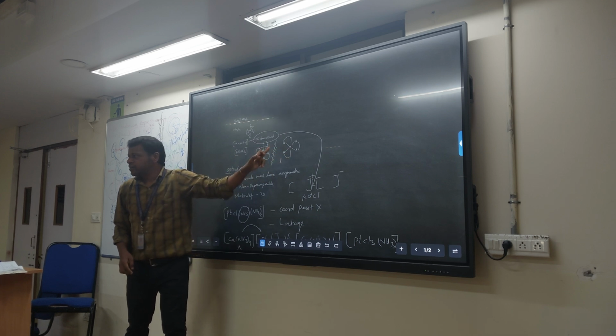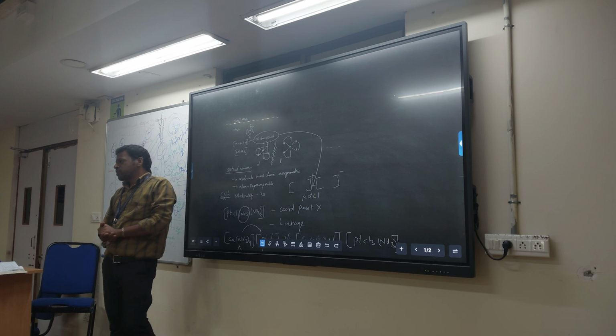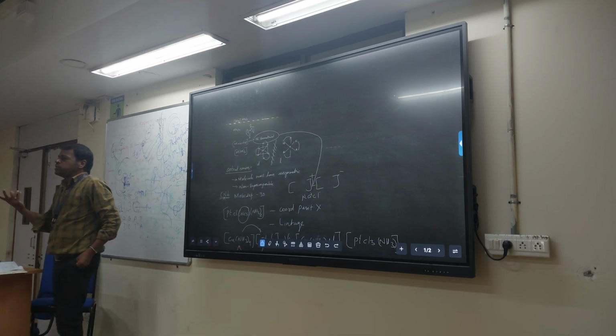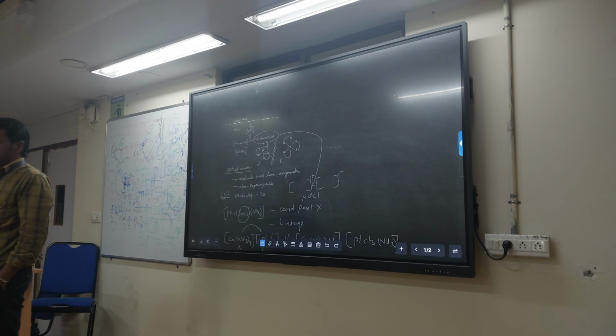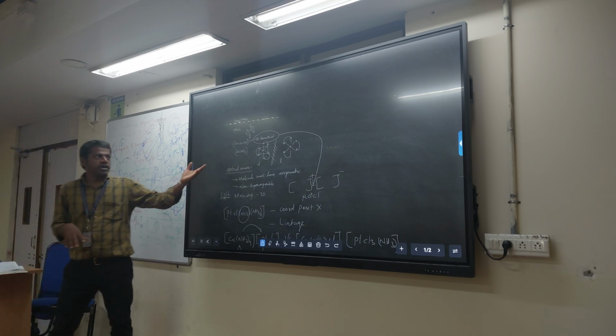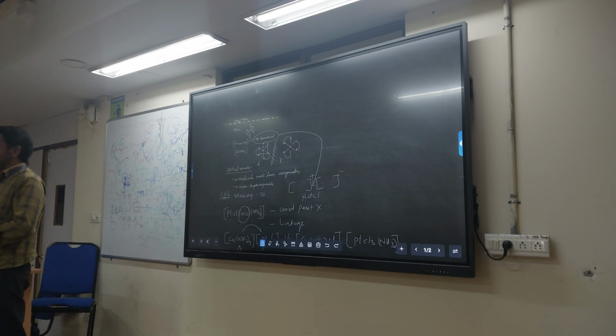Bidentate ligand. So 2 en. En means what? En is ethylene diamine. Pn means what? They won't give the full name for ethylene diamine and all. You only have to know.